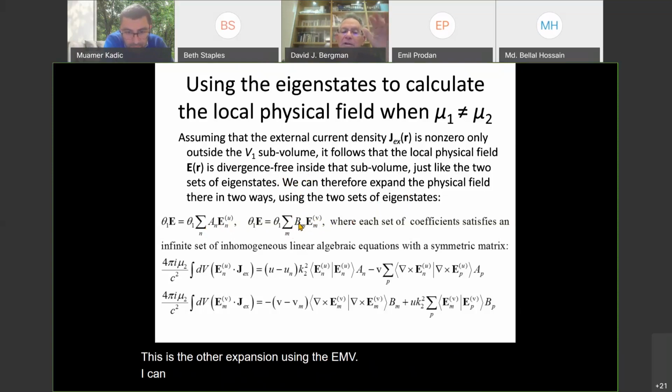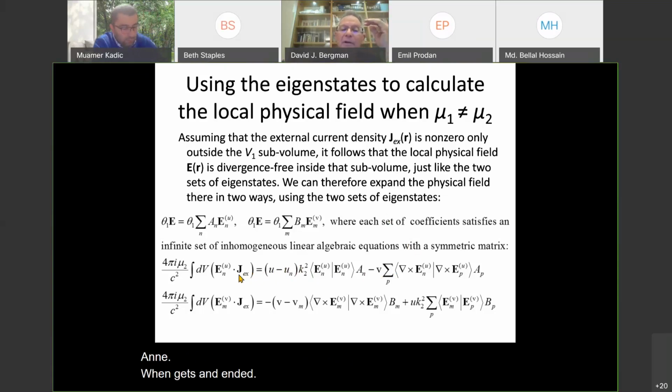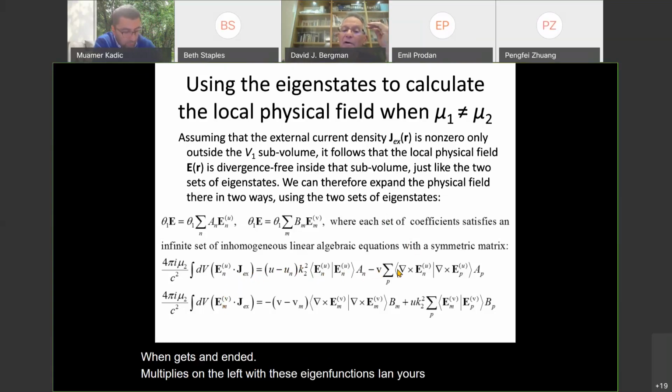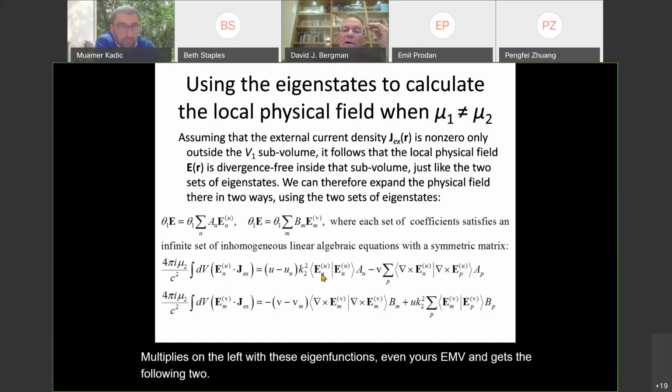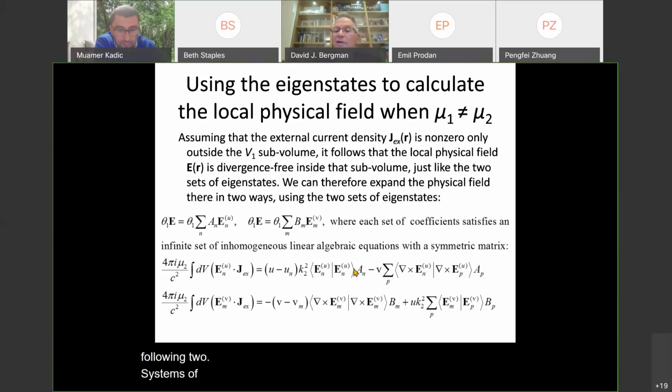Now, if one substitutes this into the Maxwell equation, one gets, and multiplies on the left with these eigenfunctions, E and U, or also E and V, the following two systems of inhomogeneous linear algebraic equations for these expansion coefficients.